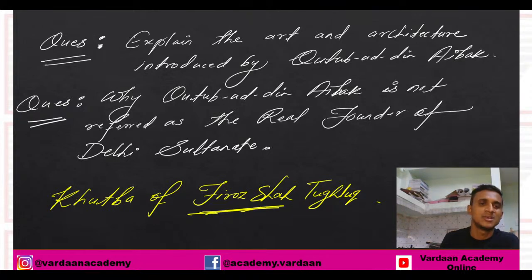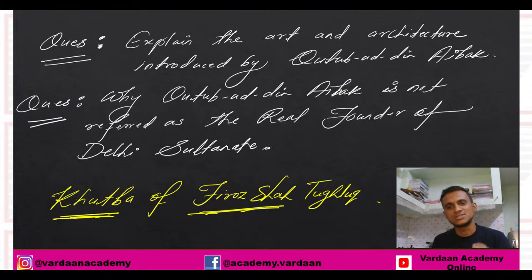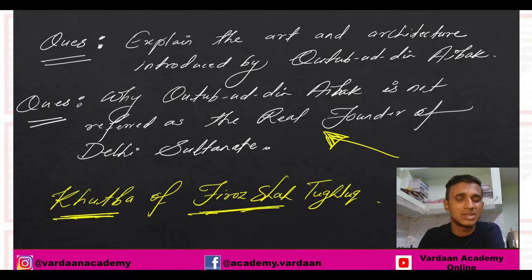He never called Qutub-Ud-Din-Aibak a sultan. This is a very good reference to answer why he is not called the real founder: he was not actually a sultan, and this is the proof we get from the khutbah of Firoz Shah Tughlaq. He was just a malik. Malik means a minister, right? He was not a sultan.